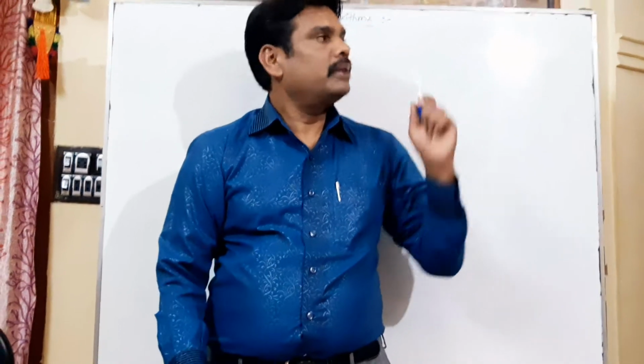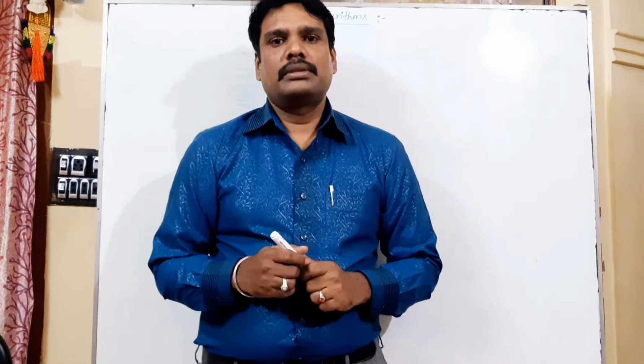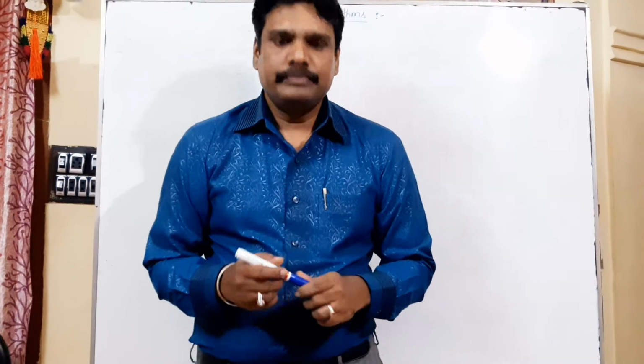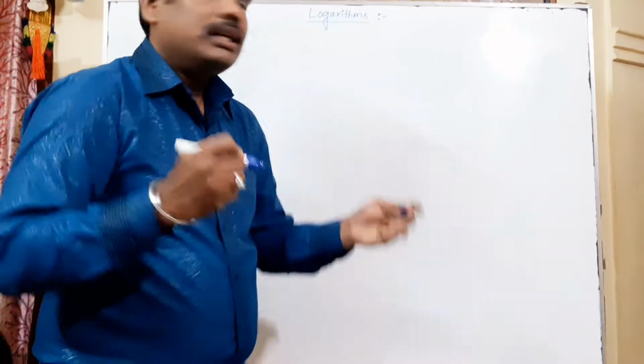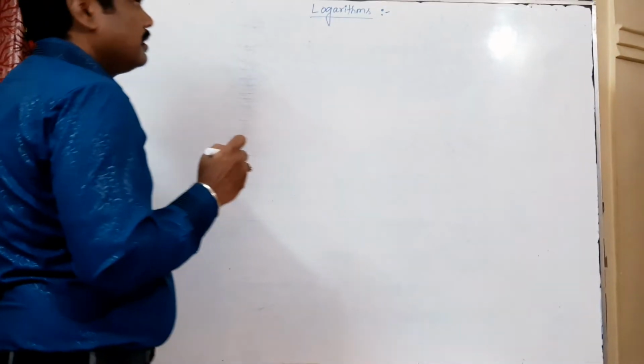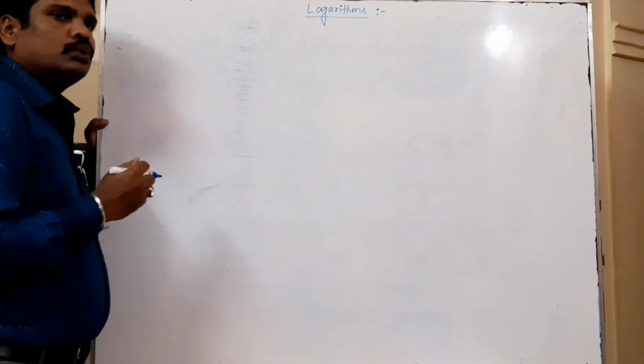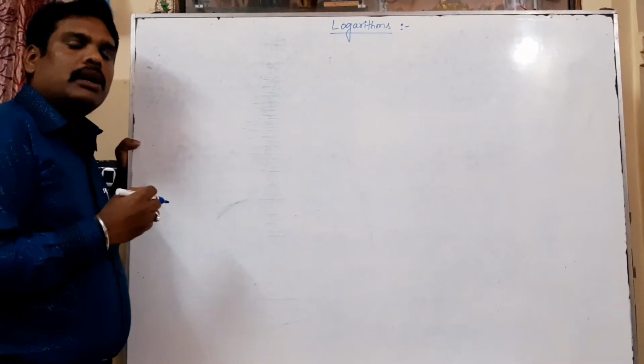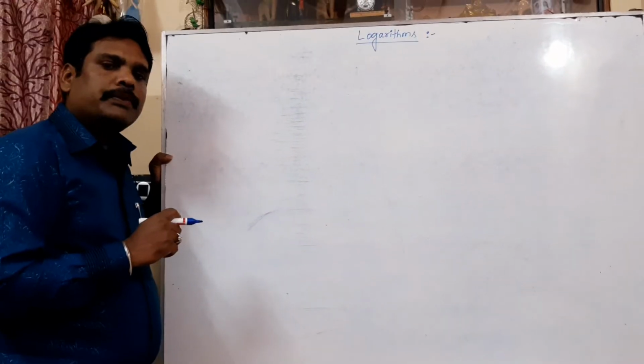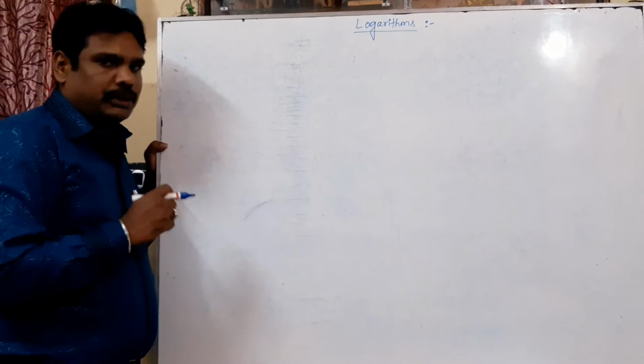Whatever the calculators do for multiplication and division, the same function was done by logarithms. Logarithm is a mathematical tool. It is our convenience to use it to simplify multiplication and division.